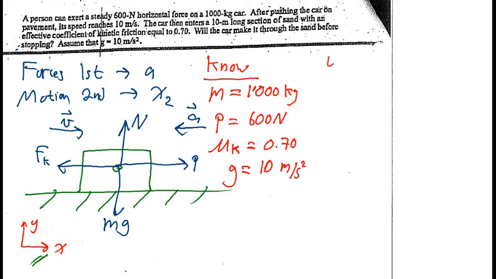Alright, so since we have the coefficient of friction and not the frictional force, that means that we're going to have to analyze the vertical part of this force diagram in order to find the normal force. So in the y direction, there is no acceleration.